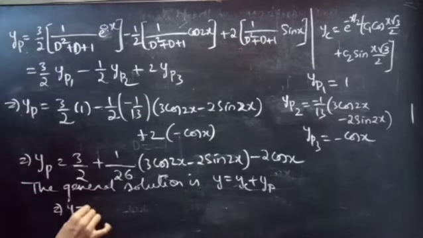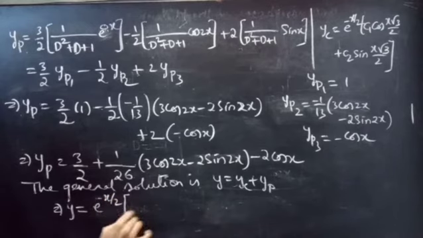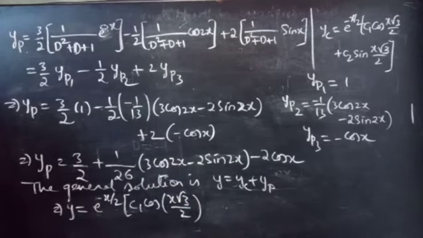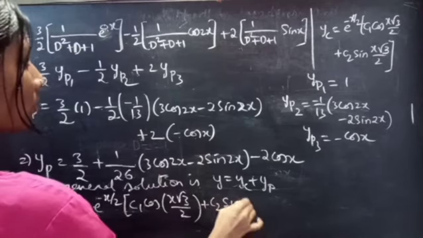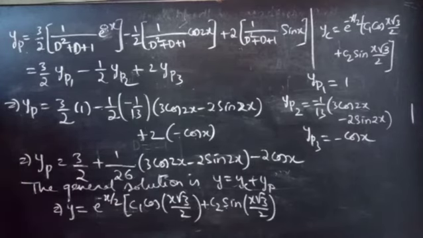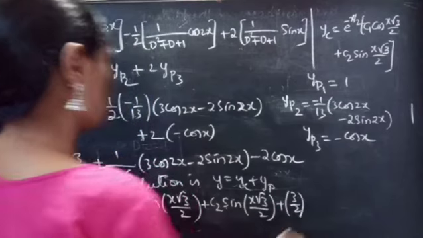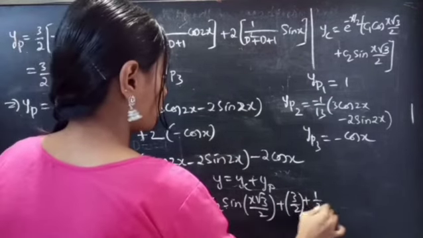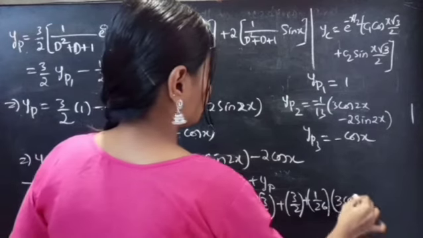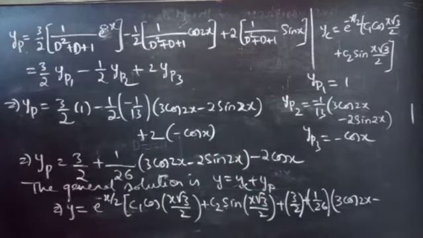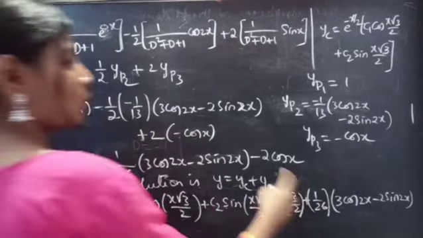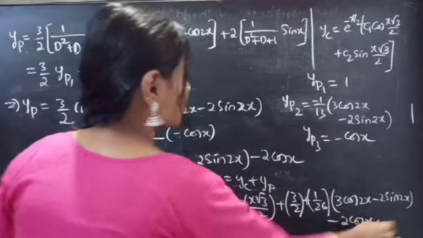Then y equals, we have yc, e power minus x by 2 into c1 cos x root 3 by 2 plus c2 sin x root 3 by 2, plus yp, which is 3 by 2 plus 1 by 26 into 3 cos 2x minus 2 sin 2x, minus 2 cos x. This completes the problem.